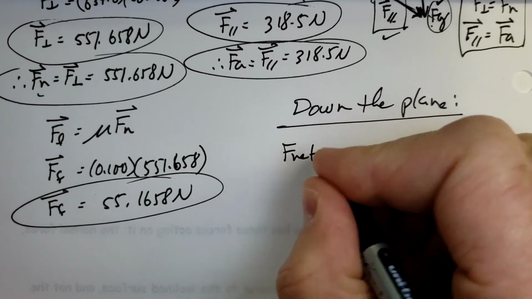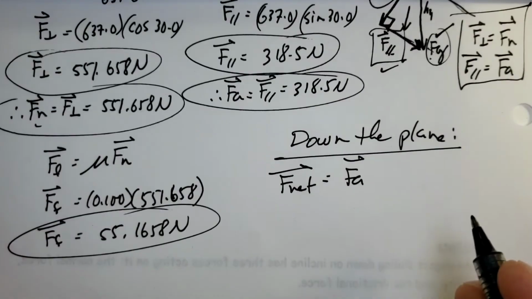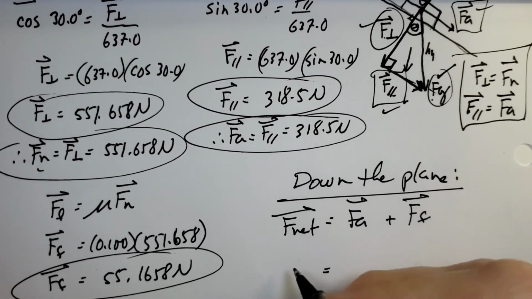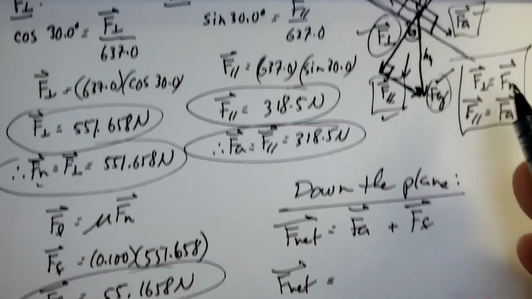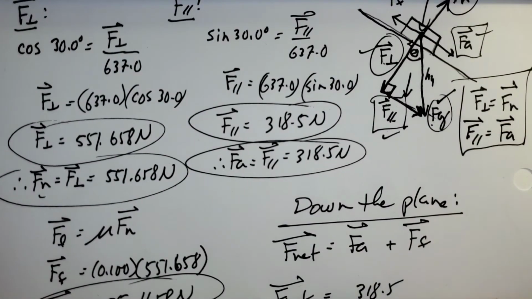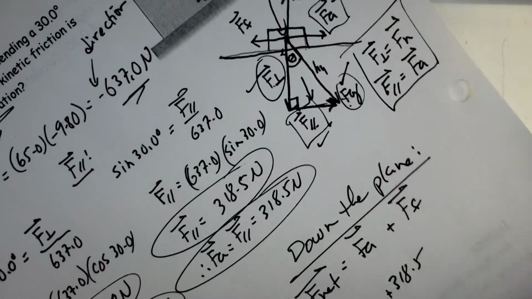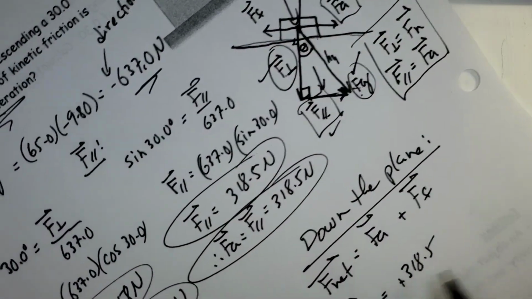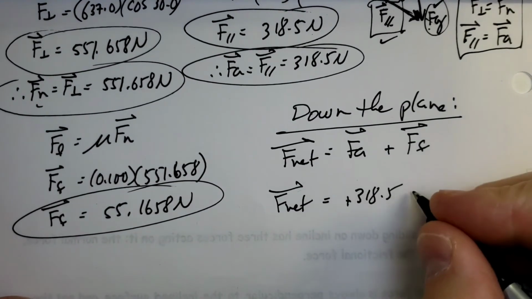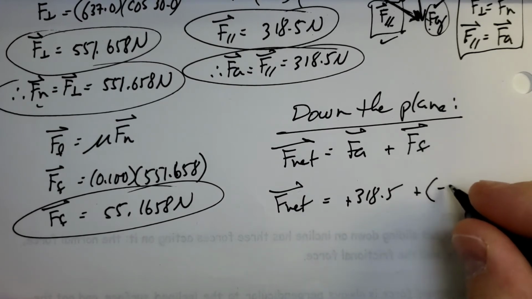So the net force down the plane, we have FA and we have FF. And as we can see, we are going to get a value here because FA, which is equal to F parallel, 318.5. And I know it's down the plane, but we'll assume it's just like horizontally, we're going to the right, that's positive. So I know it's kind of awkward because we're saying down the plane is positive. And friction, hey, as long as it's the opposite value to this, we're doing it right.